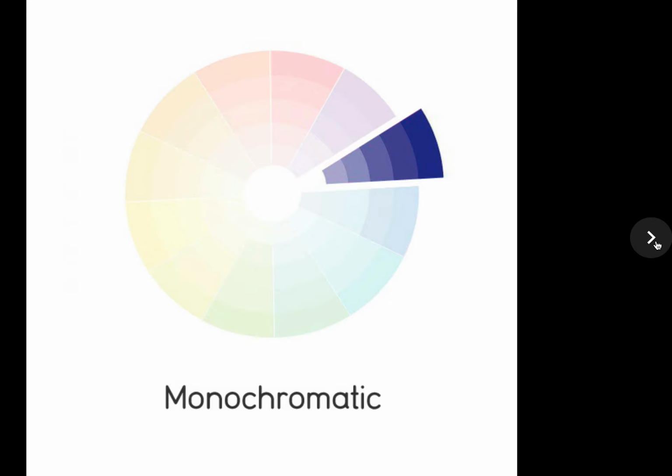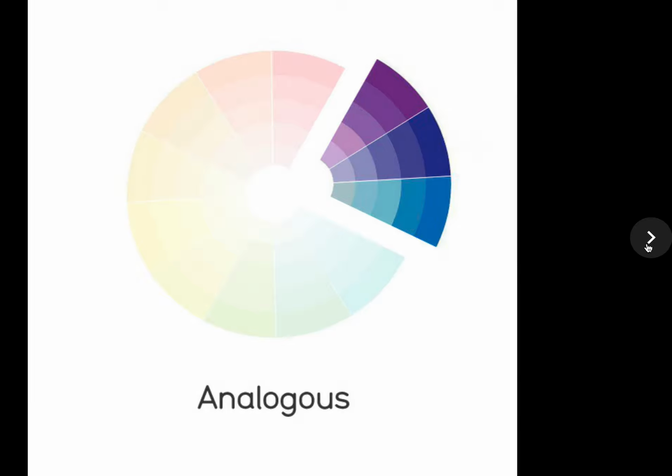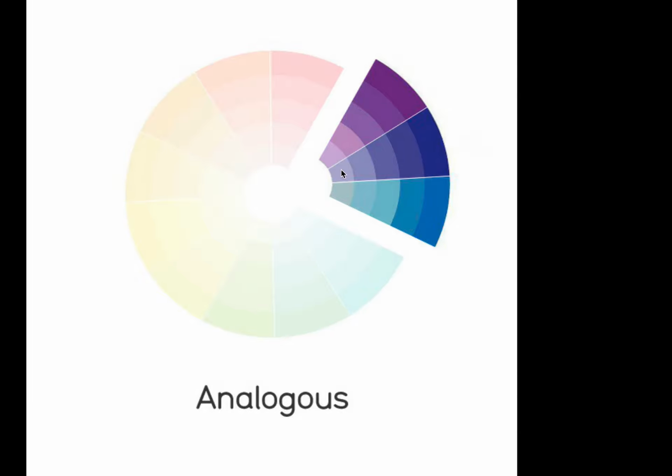So this is monochromatic, meaning it's the one color with various tints of that color. Analogous is when you have the color and then the color beside it and the other one beside it, so you get colors that are close to each other.